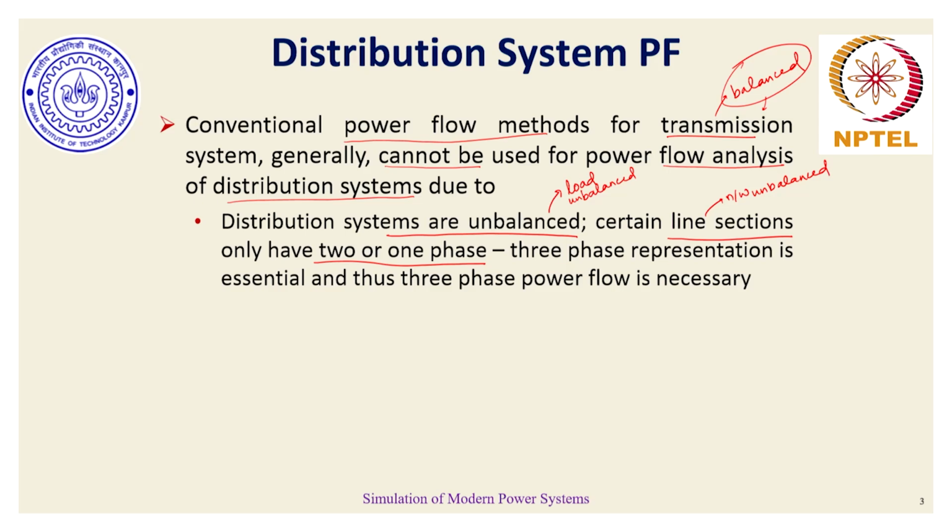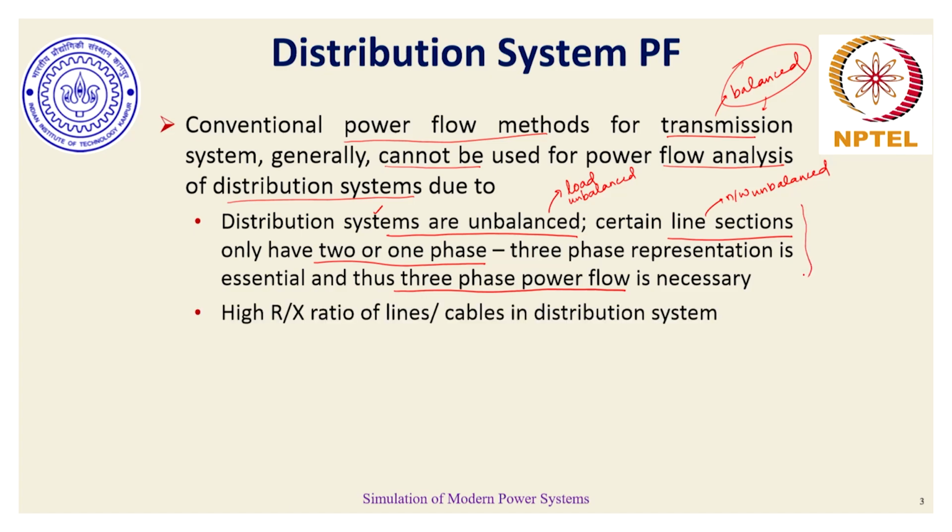That is where the problem is. So, essentially we have to understand a method which provides not just single phase power flow voltages, but three phase power flow, which would provide three phase voltage phasors for all buses or nodes in the considered distribution network. This is a practical aspect or an issue.